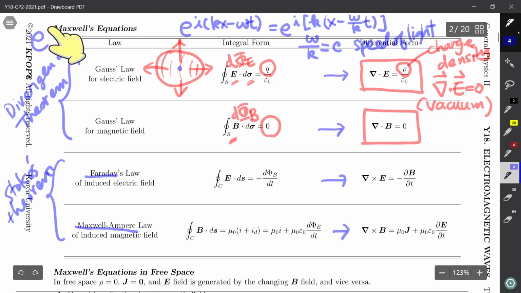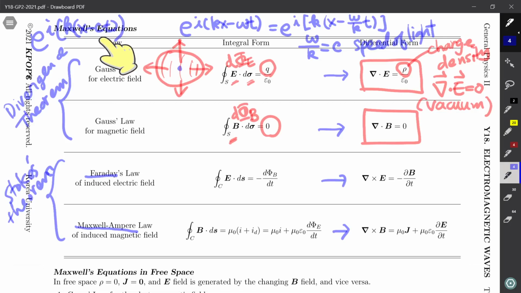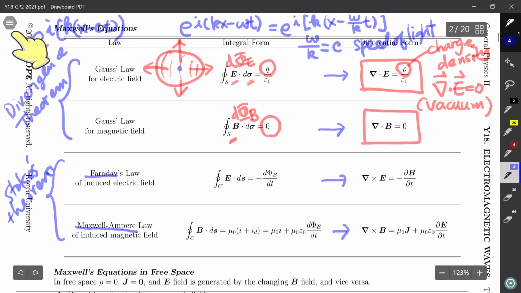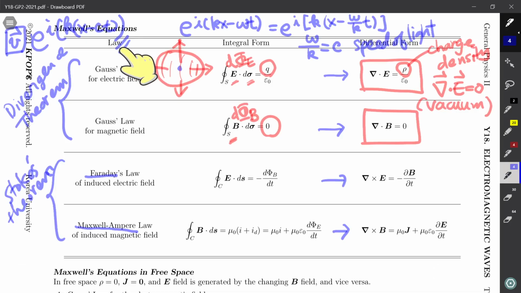So e to the ik(x minus ct) can be substituted to find the space-time dependence of the solution. We multiply by some vector, because electric field and magnetic field are vectors. This is a scalar factor that determines the wave nature of the electromagnetic field.